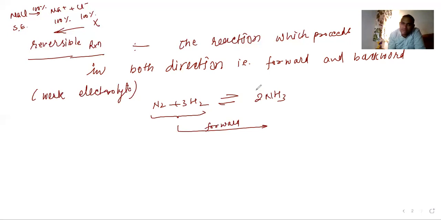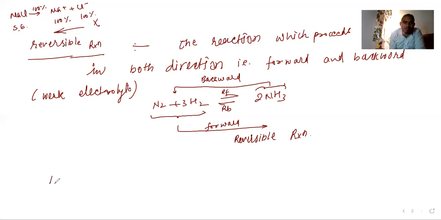The same amount of NH3 is going to split back into this, so that is backward. This reaction runs in the forward direction and also in the backward direction at a certain condition. This type of reaction is known as a reversible reaction. Are you able to understand?